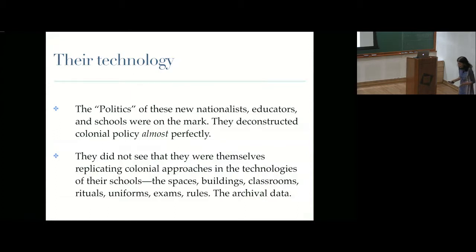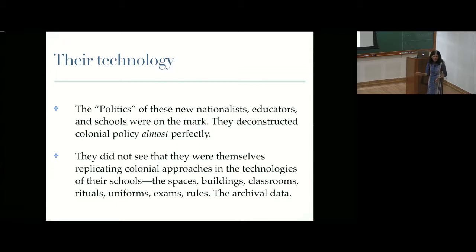If you look at all the archival data of when they're founding a school and debating about the school, they're saying, well, anything will do, let's have this type of building, or let's hire so-and-so as the principal. They don't look at it in any detail or any depth. That's not where their interest lies. Their interest lies in the overall idea and the idea of opposition.